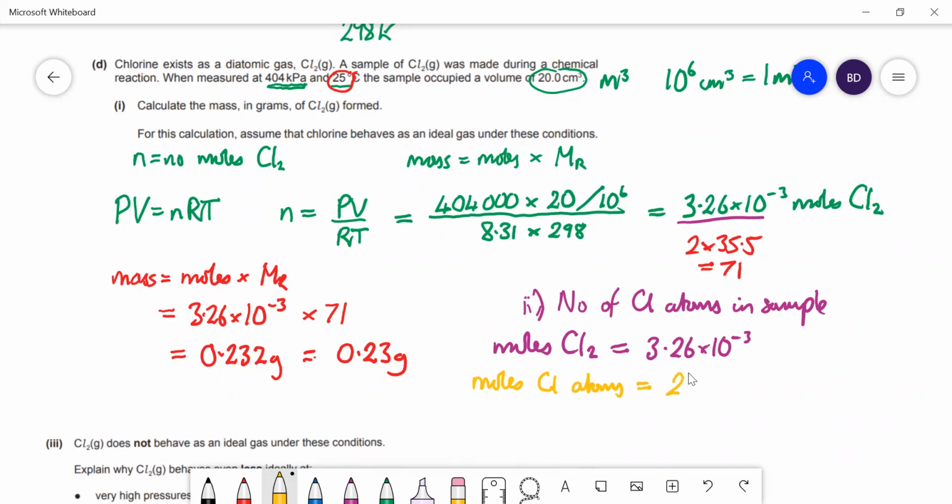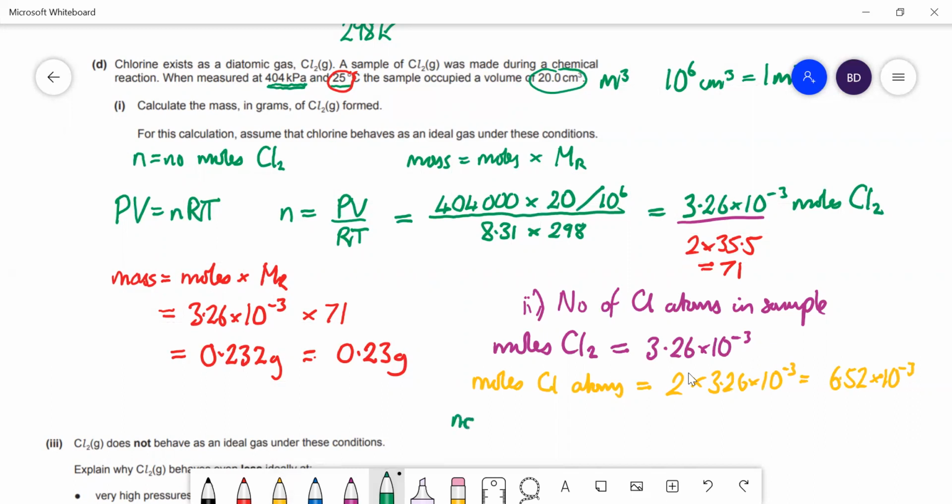Is equal to 2 times 3.26 times 10 to the minus 3, which is equal to 6.52 times 10 to the minus 3. Now we need to work out the number of atoms using the Avogadro constant. So let's do that.